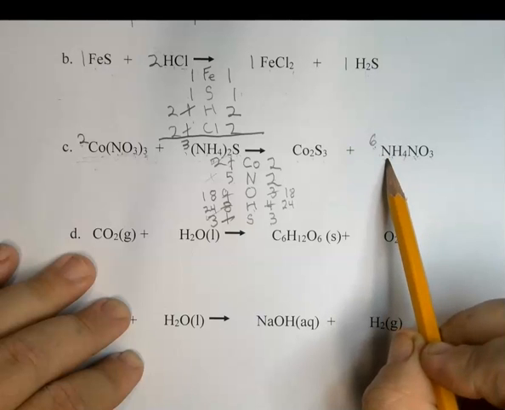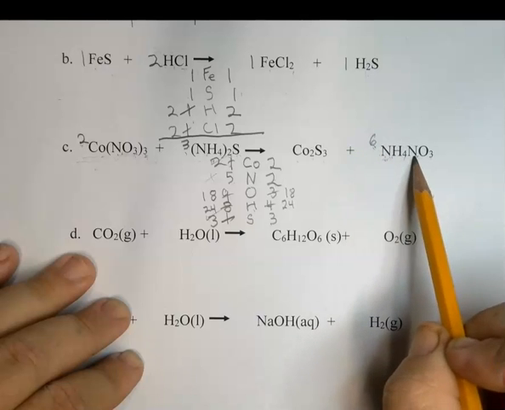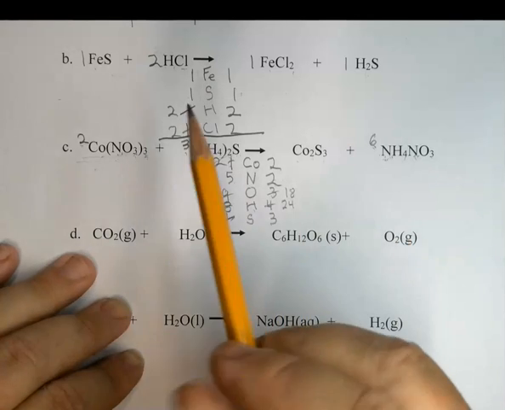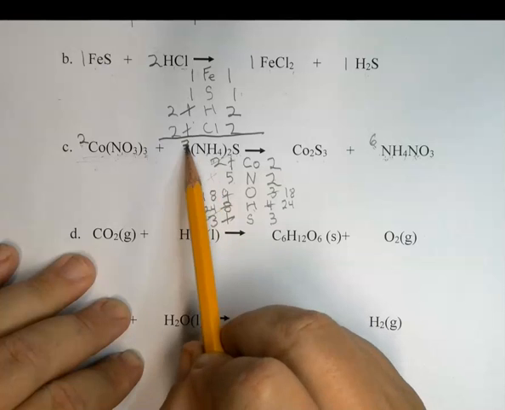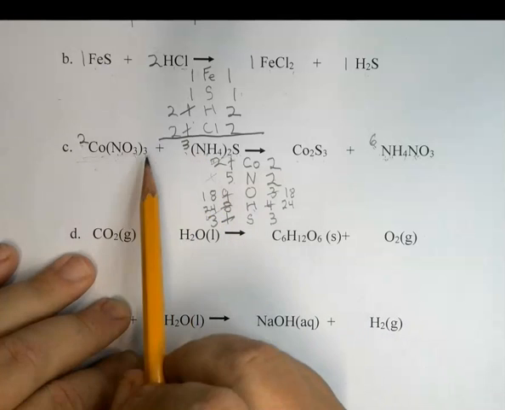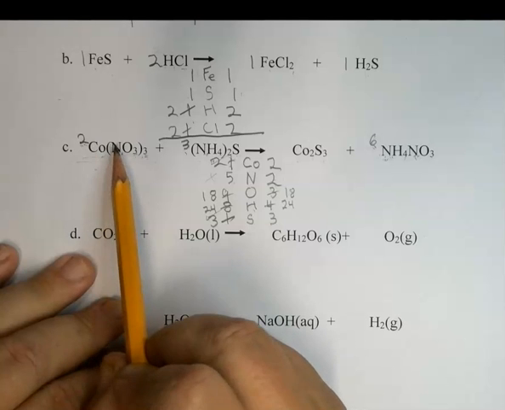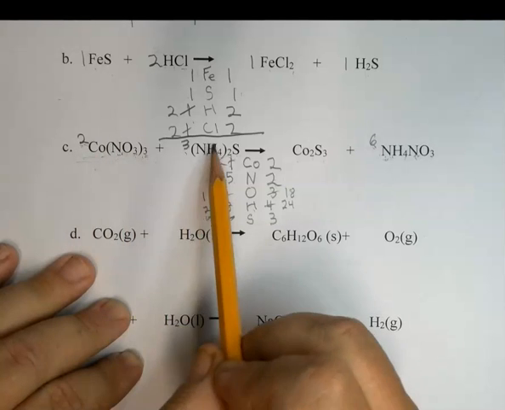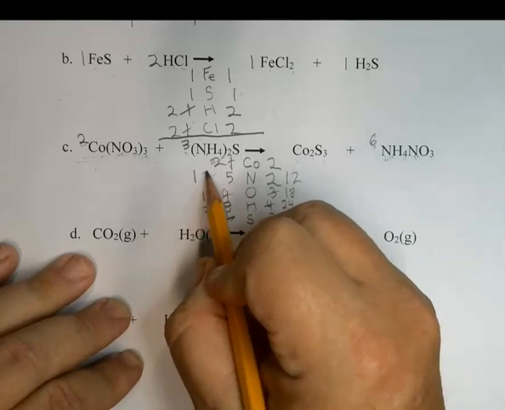You multiply each of them by 6, not just one time, but both times. So 6 plus 6 is 12. And if we come over here, we have 2 times 3 is 6. And over here we have this 3 times 1 is 3 times 2 is 6. So we have 6 nitrogens here and 6 nitrogens here. So that puts us at 12 on both sides.